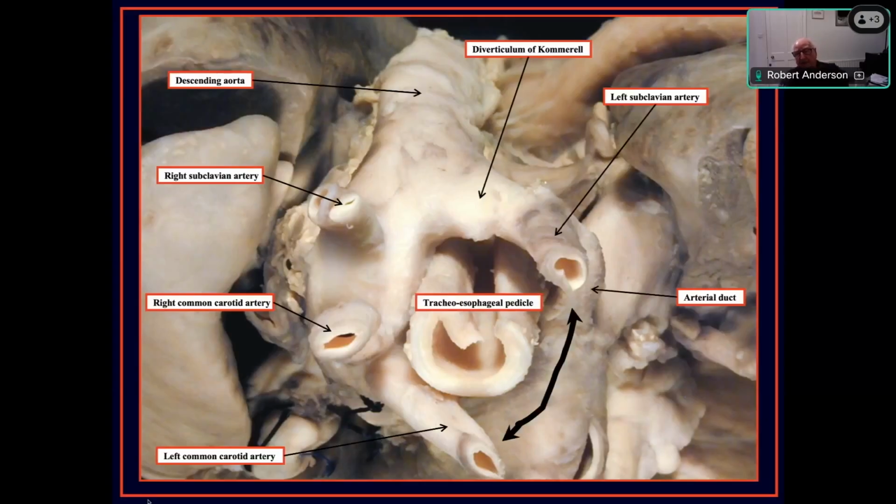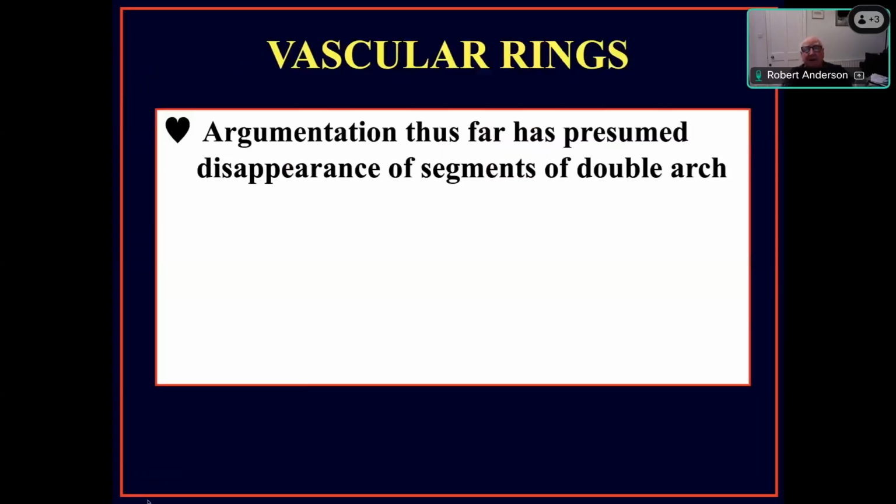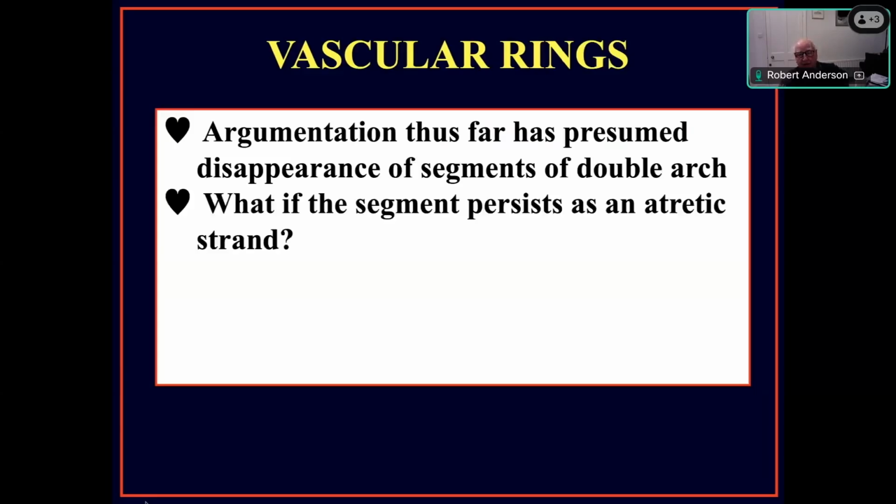So the tightness of the ring depends on what is going on in that space. So in showing you the pictures thus far, I've shown you the situation in which there has been total disappearance of those segments of the double arch. But what happens if those segments persist as atretic fibrous strands?